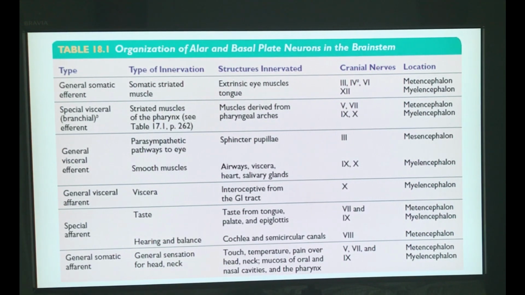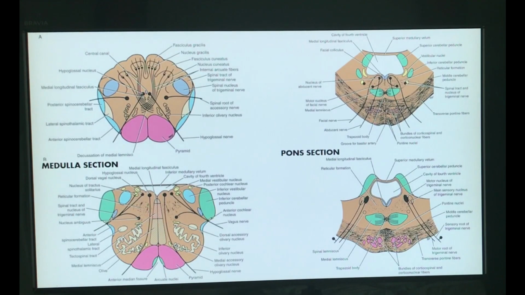The next, this is present in the medial-most aspect of the basal plate. If you correlate with the gross feature of the brainstem, you can see the hypoglossal nucleus is present in the most medial aspect. I would like to show the medullary section.